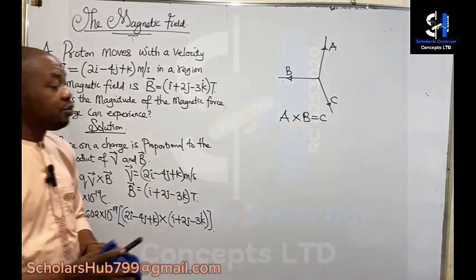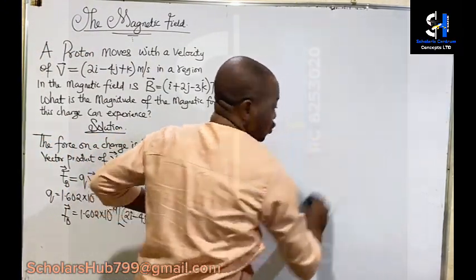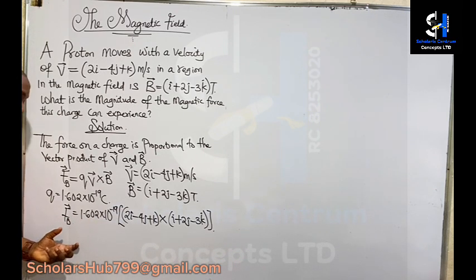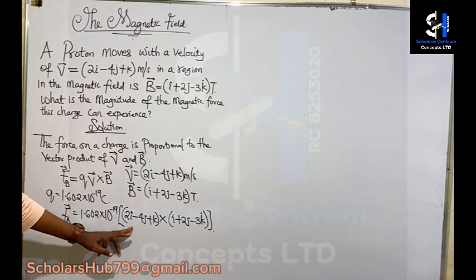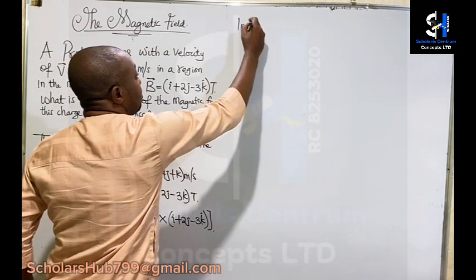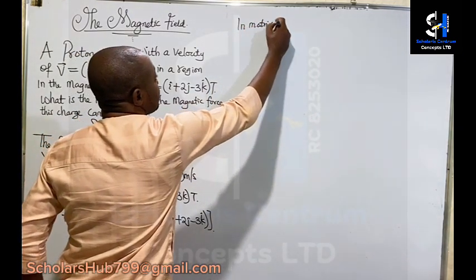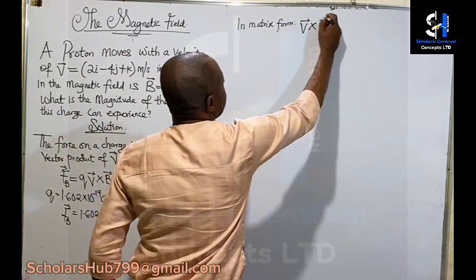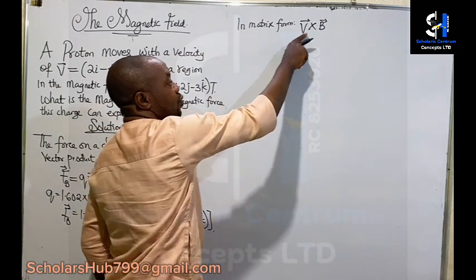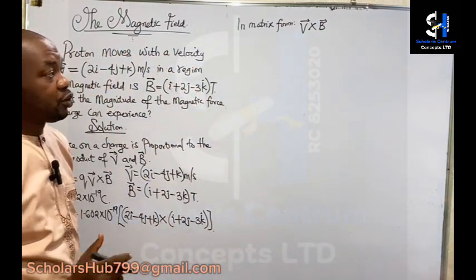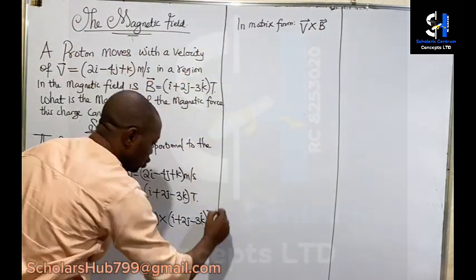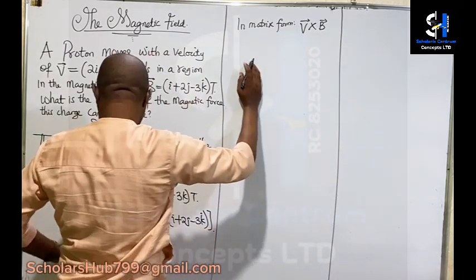Or there's also a standard formula we can use to calculate the value of F. To put this in matrix form: because we have the cross product of the speed vector and the magnetic field vector, we write this product in matrix form.